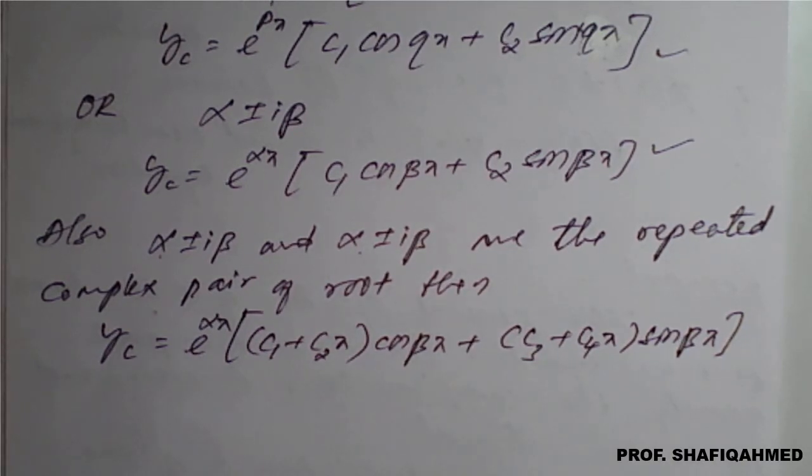So for the three cases: case number one is real and distinct, case number two is real and coincident, coincident meaning the roots are the same or equal, and the third case is a complex pair. By referring to this we have to write our complementary function for the given linear differential equation.